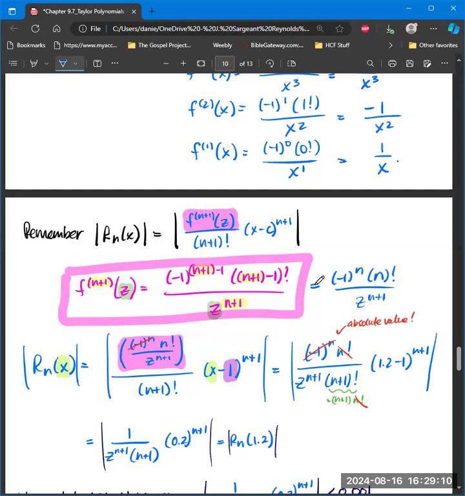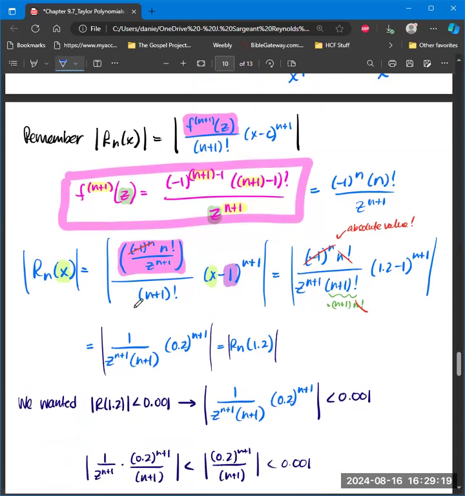That's going to be -1 to the n times n factorial over z to the n plus 1. And when we take the absolute value here, the -1 to the n is going to go away. And we're going to be left with n factorial over n plus 1 factorial.